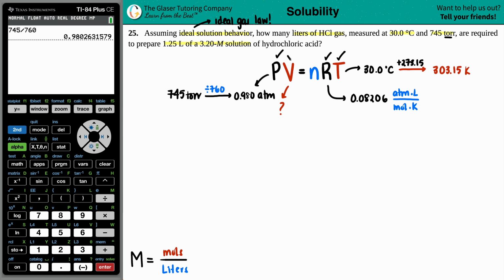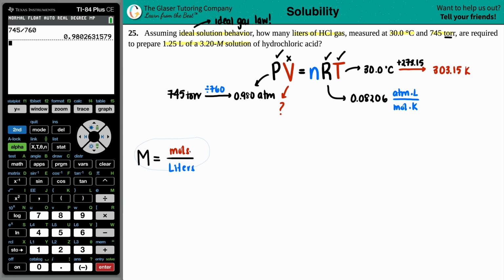The volume is what we're trying to solve for, so that means that I should have the n value. But if I read it over again, they didn't tell me anything about how many moles I had. So how am I going to get the moles? Well, that's where they give you the 1.25 liters of the 3.2 molarity solution.